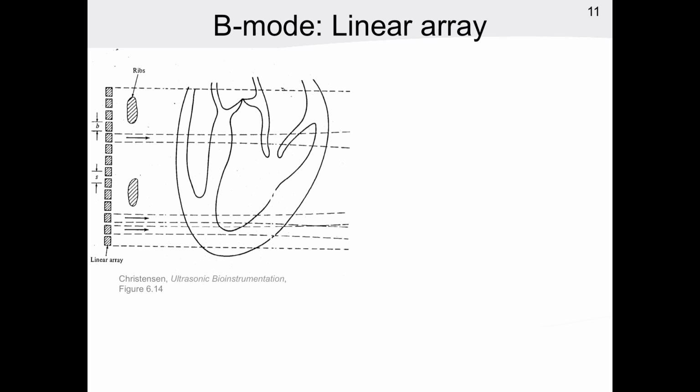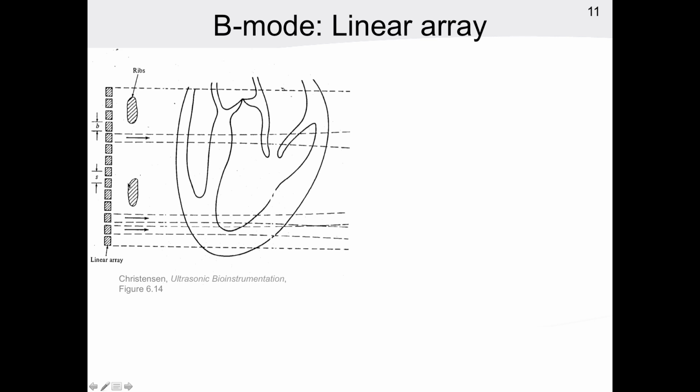Linear arrays and curvilinear arrays are often used to help us quickly get the images that we want for ultrasound. Essentially, a linear array stacks up many small piezoelectric elements which each can create their own ultrasound beam. This is useful for many reasons.